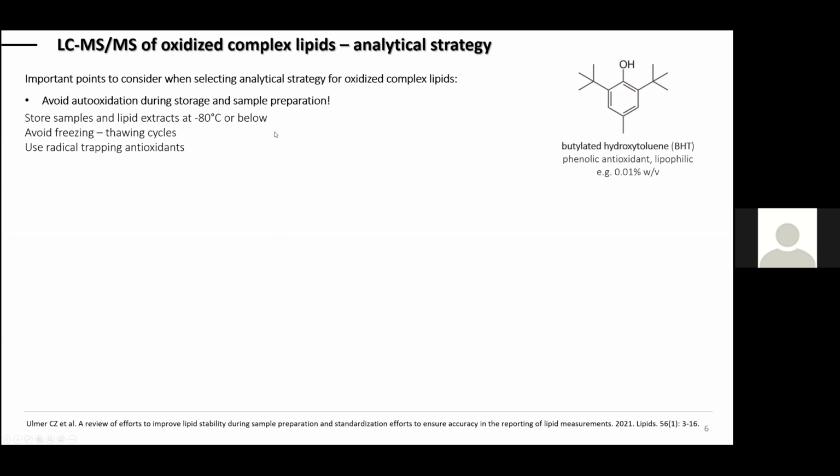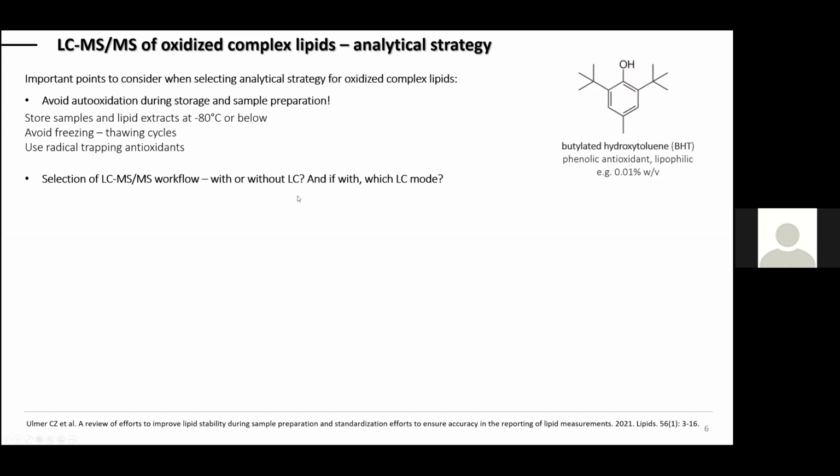So we always store our samples and lipid extracts afterwards at -80 or below, avoiding any freeze-thaw cycles, and we use radical trapping antioxidants in all extraction solutions and the storage solutions as well. For instance, BHT is very useful. After we have extracted our oxidized lipids, we have to decide on our LC-MS workflow.